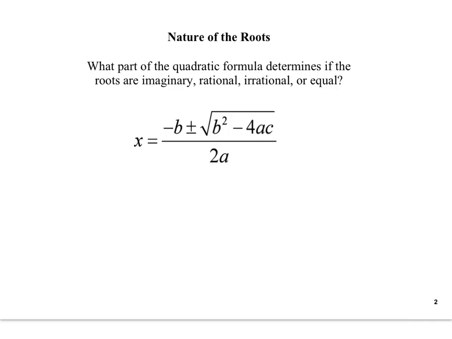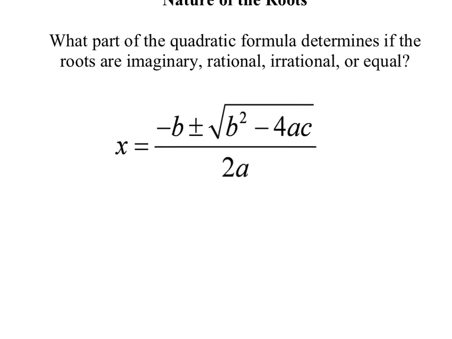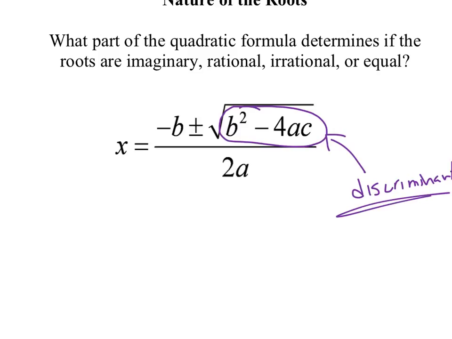So what part of the quadratic formula determines that? When we find the roots, you can find the roots with the quadratic formula every time. Something is irrational if it's a square root. So this part right here is called the discriminant. And you can see it on your reference sheet. The discriminant determines the nature of the roots.